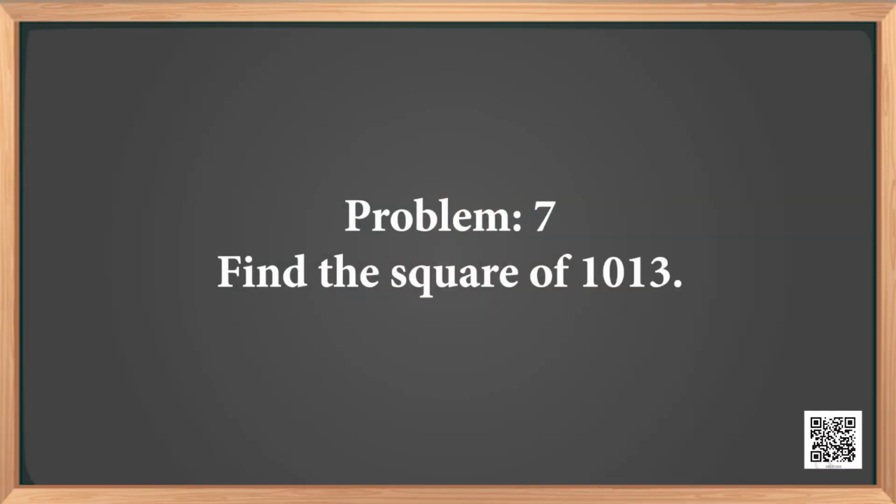Problem 7. Try yourself to find the square of 1013. You will find in this case the method of using identities even more attractive than the direct method of multiplication.